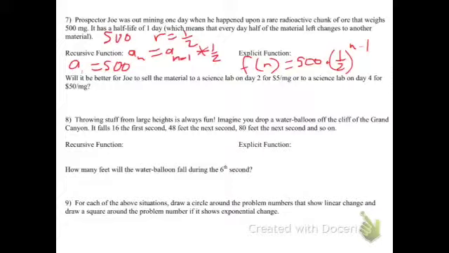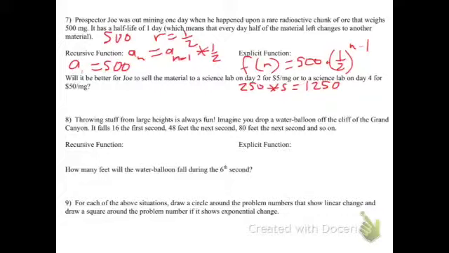On day 2, that would be the second term in the sequence, because we're going to call the day he gets it day 1. So on the second day he's going to have 250 grams. Well, you have to times it by $5. And here, 250 times 5 is going to give me $1,250.